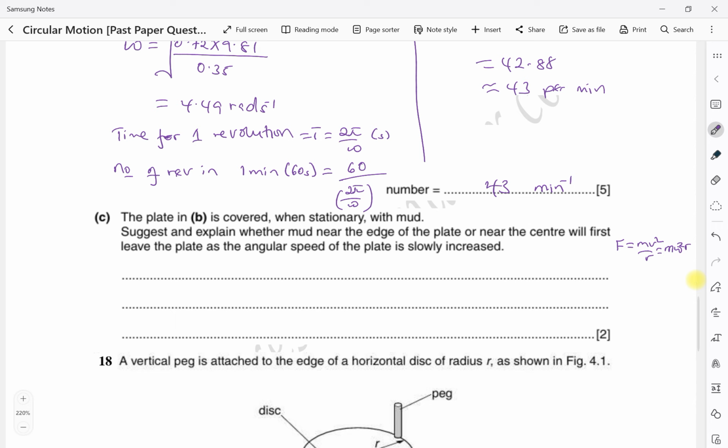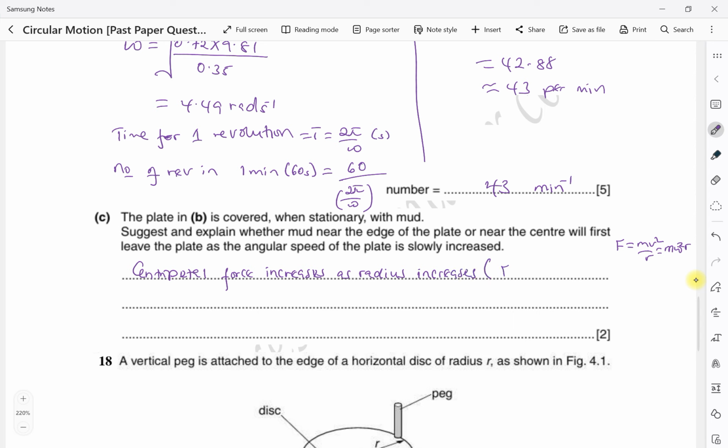So I'll say the centripetal force needed increases as the radius increases.